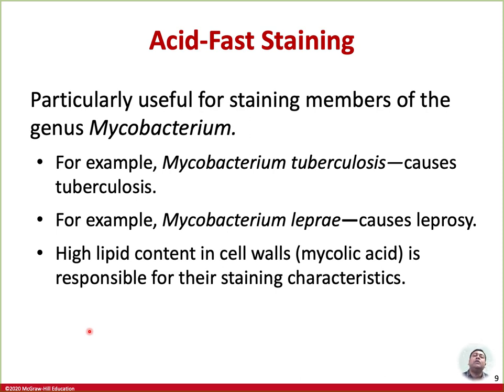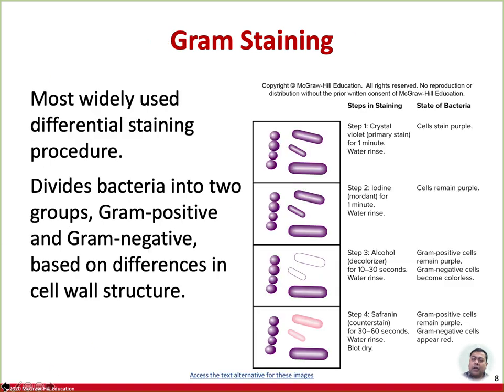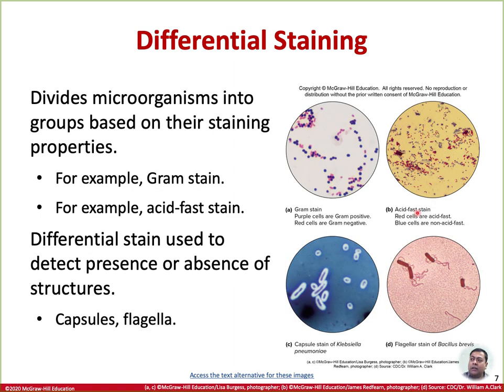Then we counterstain them with another dye, usually methylene blue, which is blue in color. So if in the mixture you have a cell which is non-acid fast, it will color in a different way. If you go to the previous picture, you can see that in the acid-fast stain, the acid-fast bacteria appear red, whereas the blue cells were decolorized.